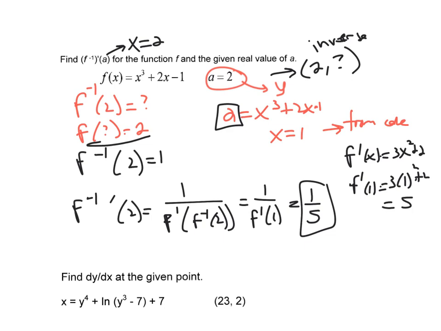So when you're plugging it in, you're trying to find the inverse of 2 by figuring out what x value corresponds to your original function, because this is like the y value. So that x value is 1, which then you plug into the derivative of your original function to help you find the derivative of your inverse.